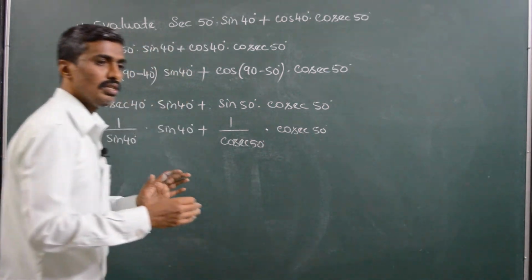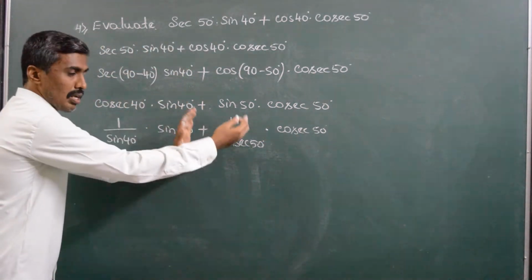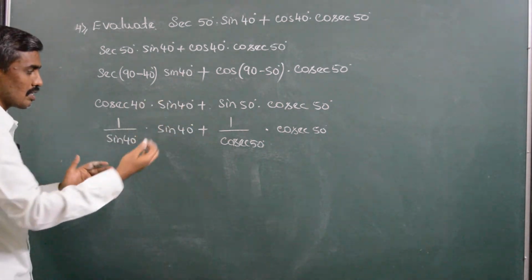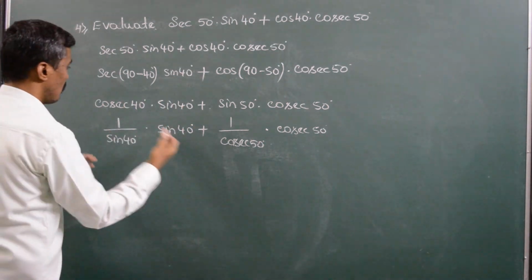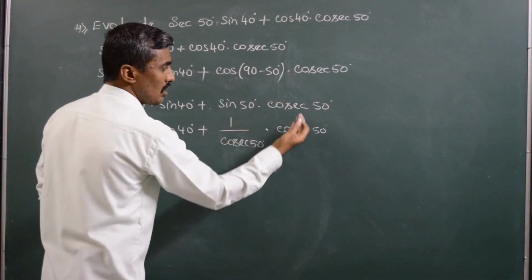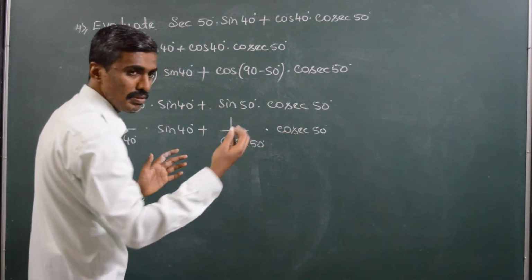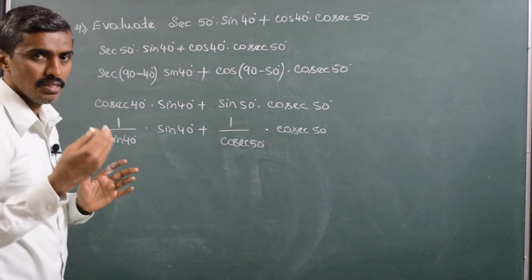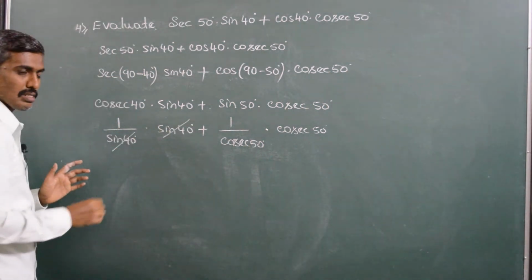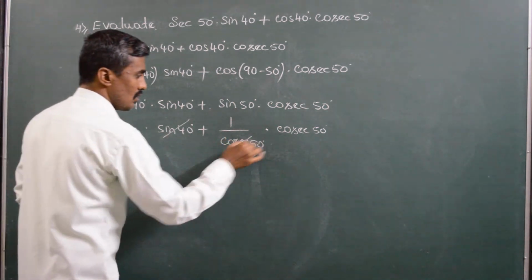There is no condition, so always you have to convert the first term. Here also first term, there is no condition. You can keep this, then second term you can express as 1 by cosecant 40, then cosecant 40 will get cancelled. Similarly here also 1 by sine you can write, instead of cosecant 50 you can write it as 1 by sine 50. Okay, so sine 40 get cancelled. It is in the denominator, it is in the numerator here also.